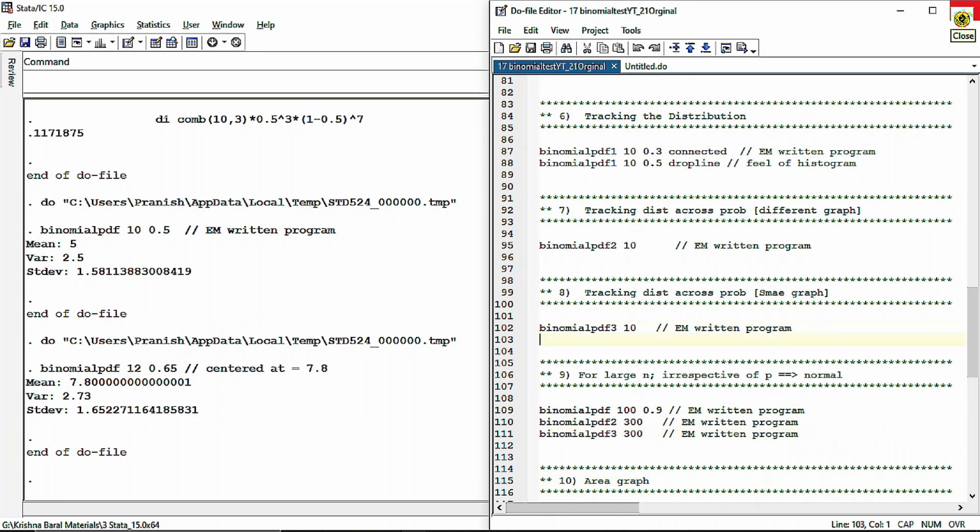Now let us draw the graph. Actually, draw the binomial distribution graph. So here, this is again a user-written program, binomial PDF one. It draws the PMF graph. So when the number of trials is 10 and the probability of success is 30%, it draws the probability for each success value ranging from 0 to 10.